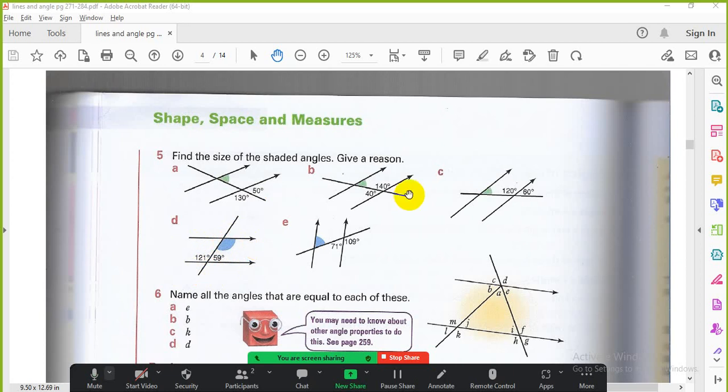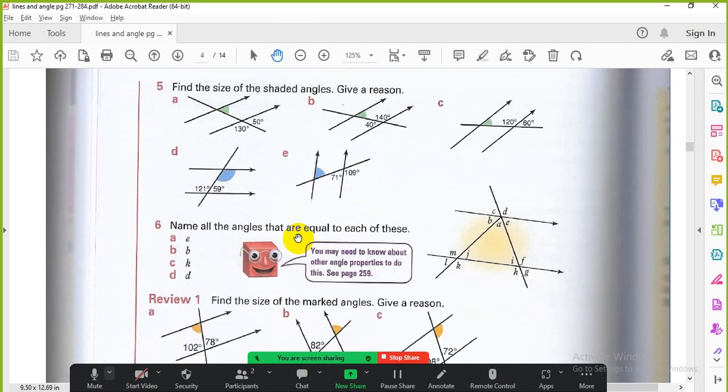E. 71 degrees. Again, alternate angle. Reason is alternate angle. Okay. Still, you couldn't figure out the shapes Z and F.